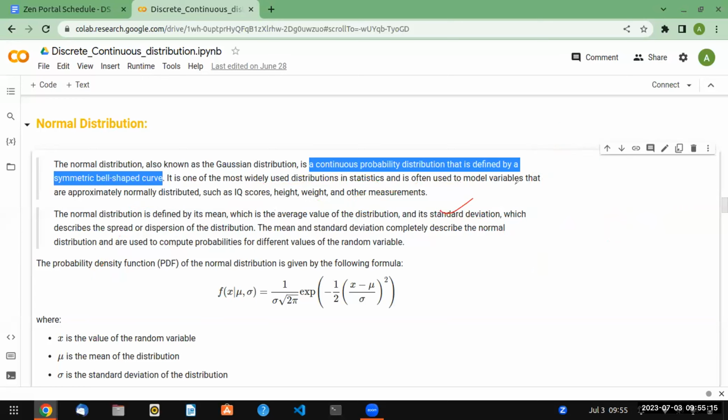So standard deviation is nothing but, we have variance, right? Variance we write V, standard deviation we write sigma. This is sigma. And the relationship between variance and sigma is this: standard deviation is the square root of variance. This is the relationship between standard deviation and variance.